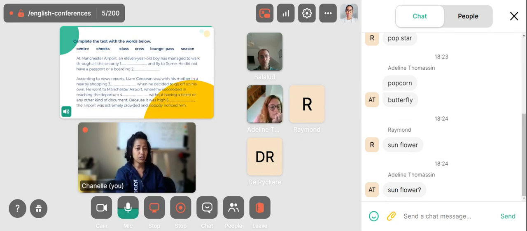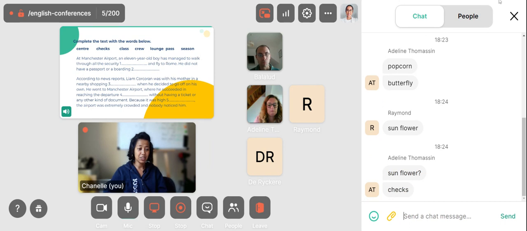So we've also got a text that we can complete below. So at Manchester Airport, an 11-year-old boy has managed to walk through all the security, center, checks, class, crew. What do you think? Security checks.